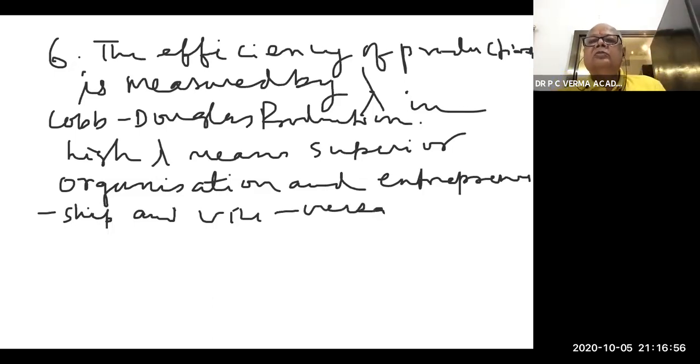Efficiency of production is measured by lambda in Cobb-Douglas production function. Higher lambda means superior organization and entrepreneur ability, and vice versa.